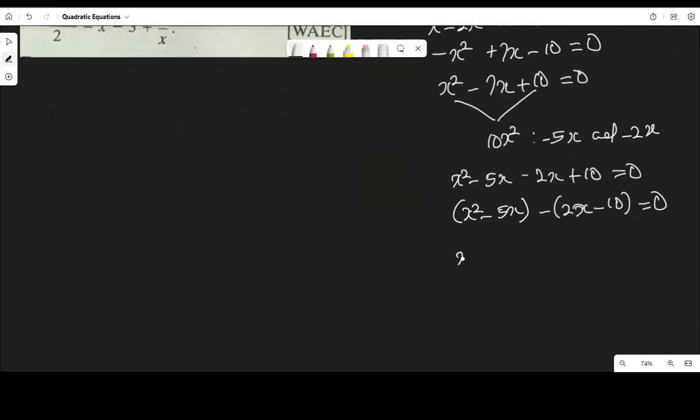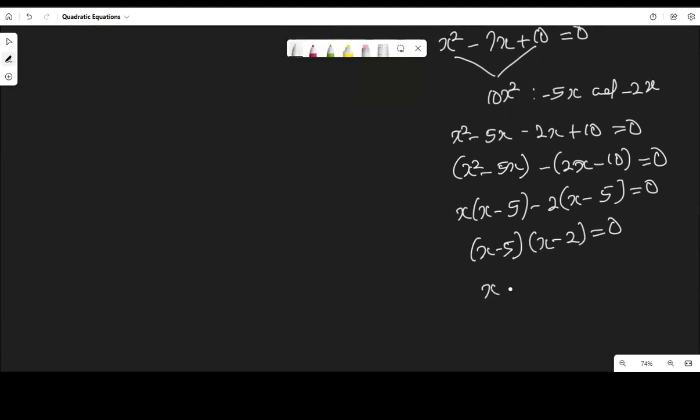In the first bracket, s is common: s minus 5, minus 2 into s minus 5 equal to 0. s minus 5 is common, and s minus 2 equal to 0. Either s minus 5 is equal to 0 or s minus 2 is equal to 0. Hence, s is 5 or 2.